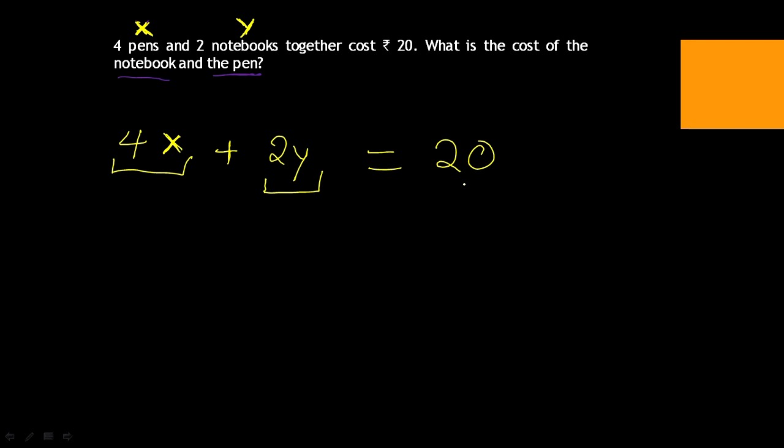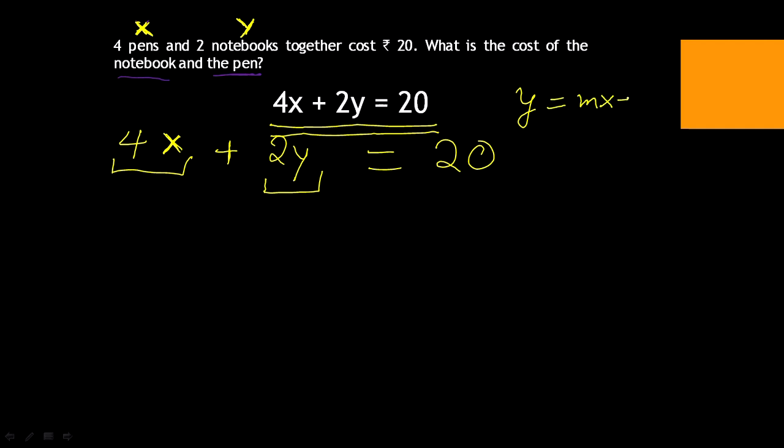So that is my linear equation, 4x plus 2y equals 20. Now if you look at this linear equation, this is very different from the form we had discussed in the previous slide, which was y equals mx plus c, right? This does not match with this form.